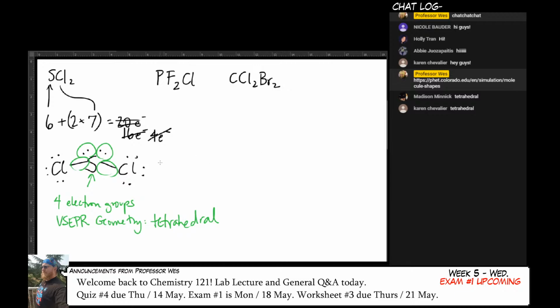And now what we're going to do is look at the 4 electron groups and count how many of them are electron pairs. And so here's 1 and here's 1. So of my 4 electron groups, 2 of them are electron pairs. And these are the non-bonding ones. So what would the molecular geometry be for something that had 4 electron groups, 2 of which were electron pairs?